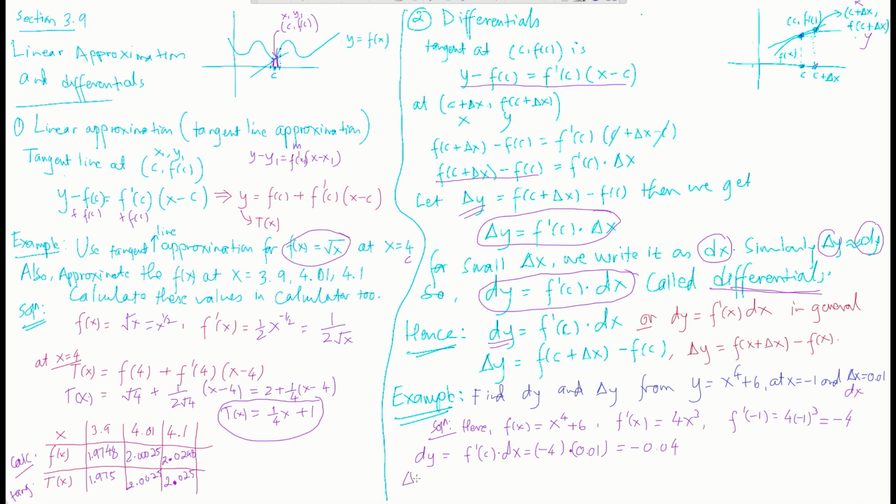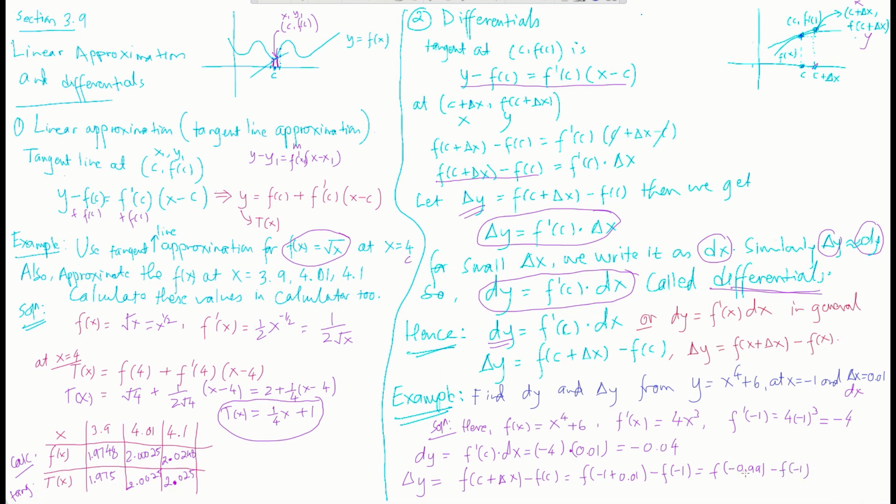Let's find delta y. What is the formula to find delta y? Delta y is basically f of c plus delta x minus f at c, right? So c is -1, plus delta x, 0.01, and then minus f at -1, right? So how much is that? This will be f at -1 plus 0.01, which is -0.99, and then minus f at -1.